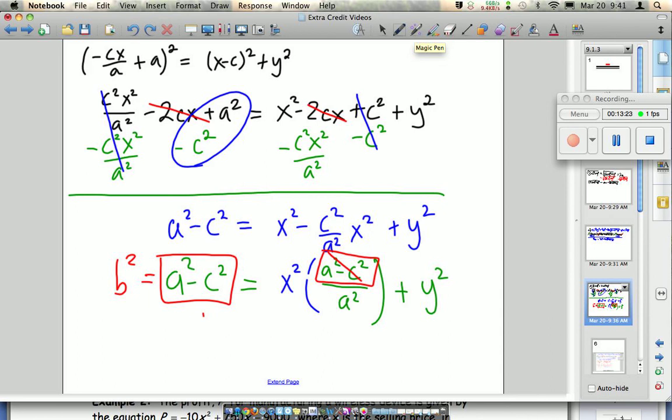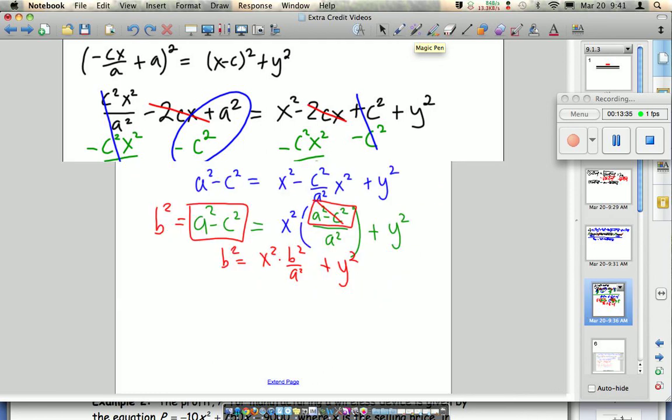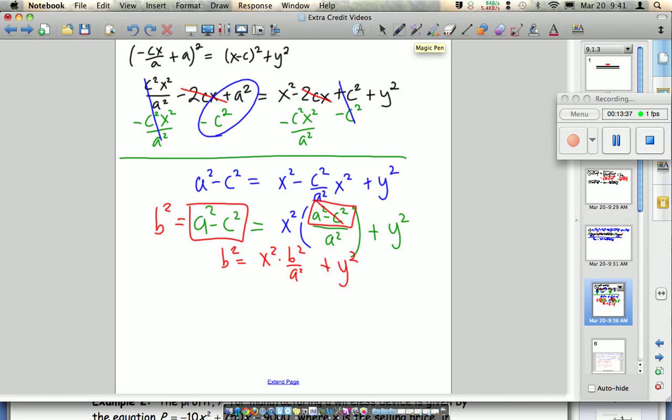So we now have b squared equals x squared times b squared over a squared plus y squared. And then we finish it out by dividing everything by b squared. That makes a 1. We divide this quantity by b squared, and that would cancel out this b squared, and we'd end up with x squared over a squared, and y squared over b squared.